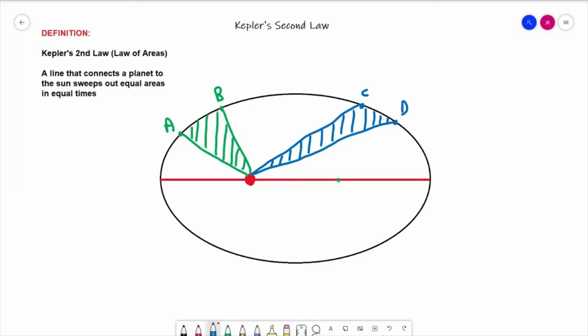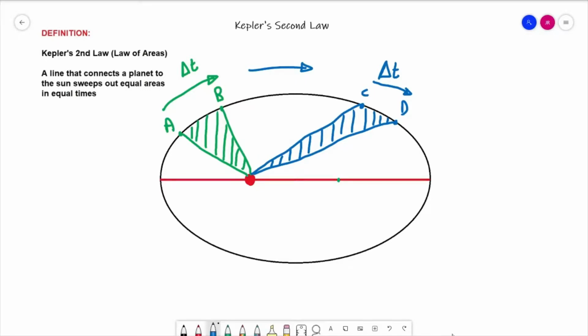We're obviously assuming at the moment that the planet is moving in that direction. Now, what the second law says is that when the planet moves from A to B, if it takes a certain time, delta t, and if it moves from point C to D, if that time period between point C and point D is the same as the time period between point A and point B, then those 2 shaded areas, the green shaded area and the blue shaded area, will be the same.